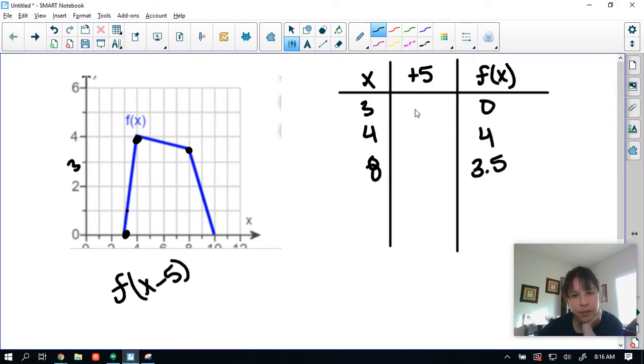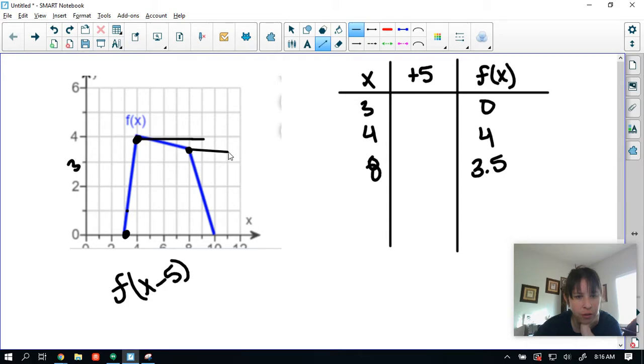And then if we add 5 to this, we're basically just moving each one of these points 5 units over. 1, 2, 3, 4, 5. Oh, that's by 2s. All right, let me do this again, because I forgot each one of those is 1.